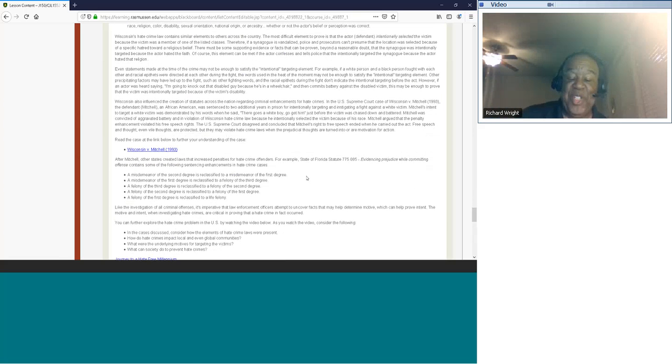After Mitchell, states created laws that increased the penalty for hate crimes. For example, in Florida, it says evidence of prejudice while committing an offense leads to sentence enhancements in hate crimes. A misdemeanor of the second degree is reclassified to a misdemeanor of the first.